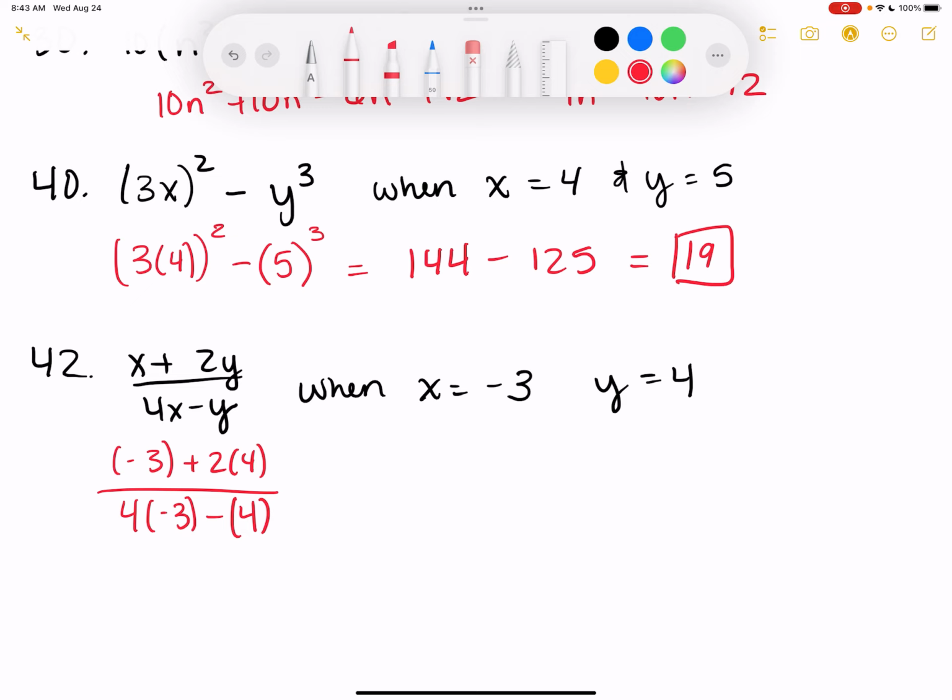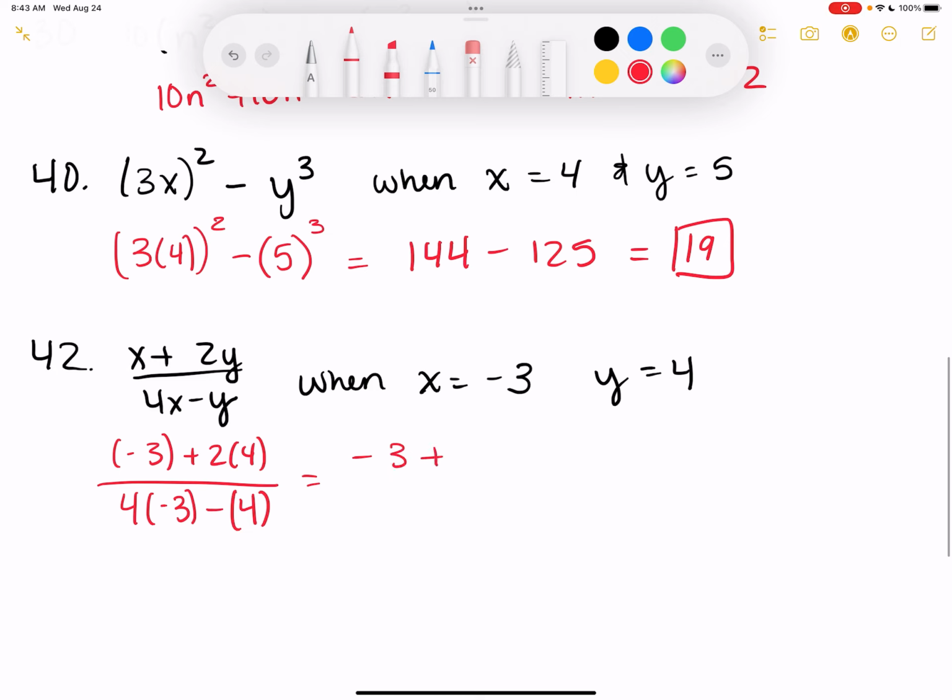Do we get an answer? What do we get? Negative 5/16. Yep, so we had on top -3 plus 8 over -12 minus 4. So 5 over 16, and it's going to be negative. Awesome.